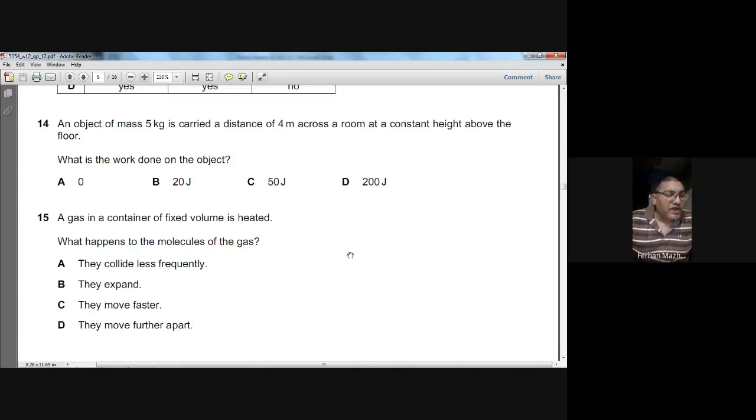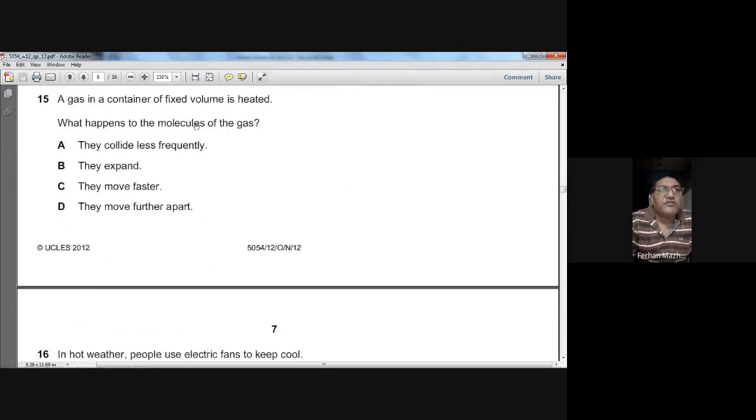Okay, students, we are moving to the next question. On your screen, you can see question number 15. It says a gas in a container of fixed volume is heated. What happens to the molecules of the gas? The volume is fixed and not changing, and the gas is heated.